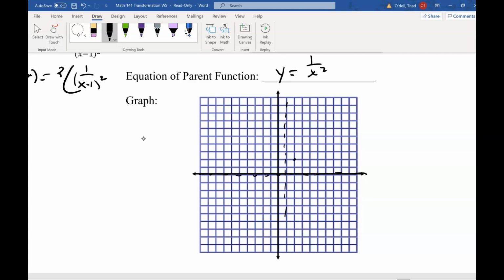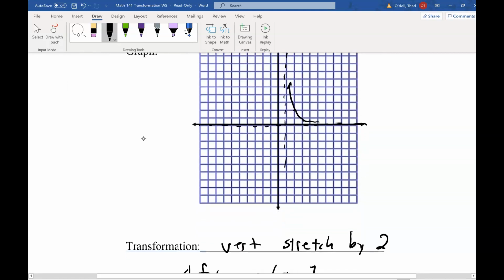And normally I go over 2, up a fourth, but I'm going to go over 2, up a half. So that would be right about there. So now I know it's something like that. And of course it's an x squared on the bottom, so it's going to be the same thing over here. Whoops, I missed right there. Something like that.